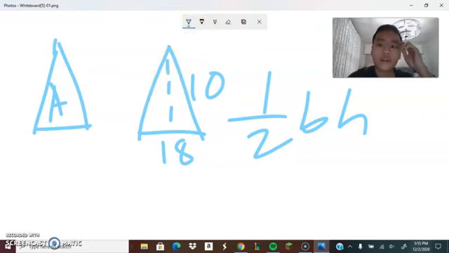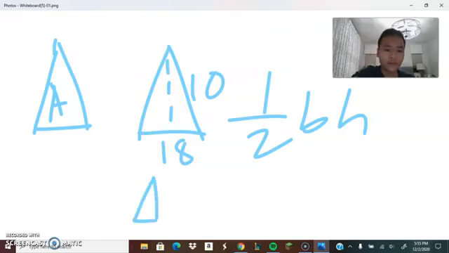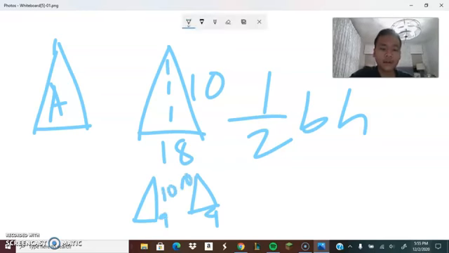That wouldn't work. So we would have to split it up into two right triangles. One right here and one right here. And the base would be cut in half into 9, but the height would remain the same. And then here we have two half squares.